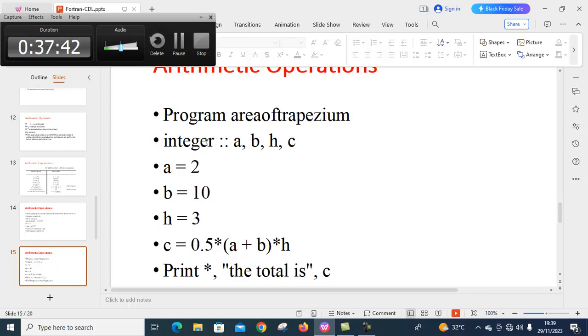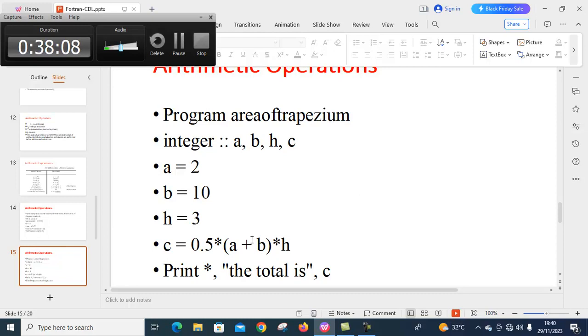Once you've declared a variable, just like this, you said integer a, b, h, c, just bring those values to your left here. Here you've been given a value. A is equal to 2. B is equal to 10. H is equal to 3. C is equal to 0.5.